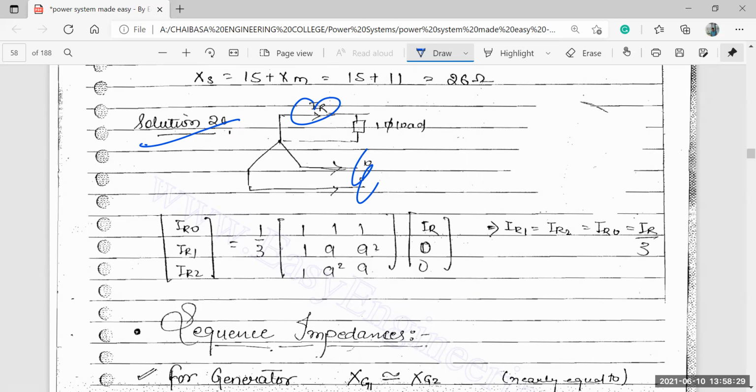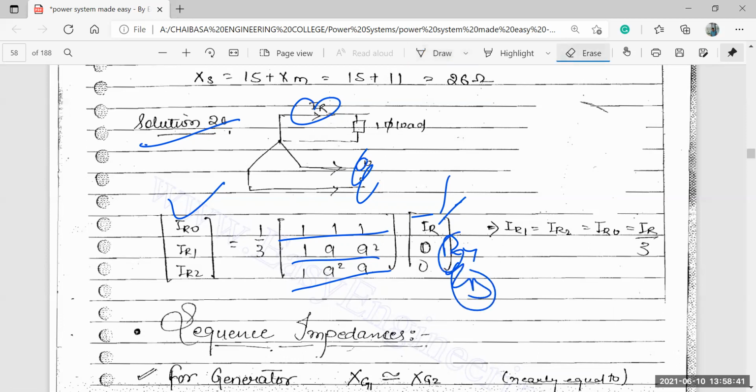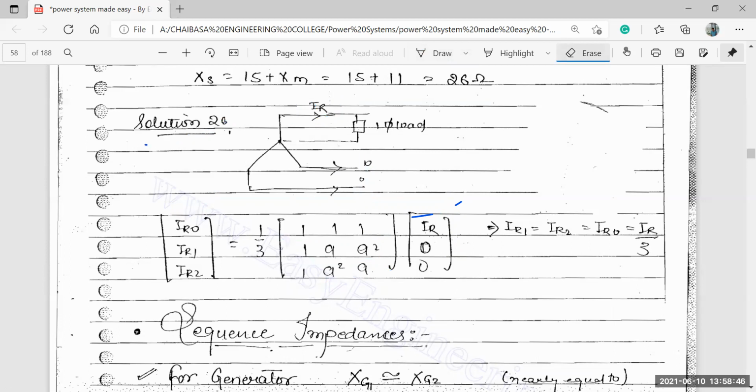So you could directly write IR0, IR1 equals 1 by 3 times this A operator matrix into all three components, where IY and IB are 0. This data has been given as 0 based on this figure, so you only have to find with this. What will be the answer?